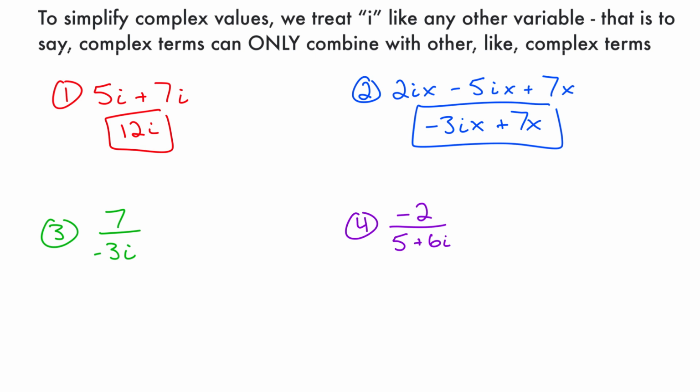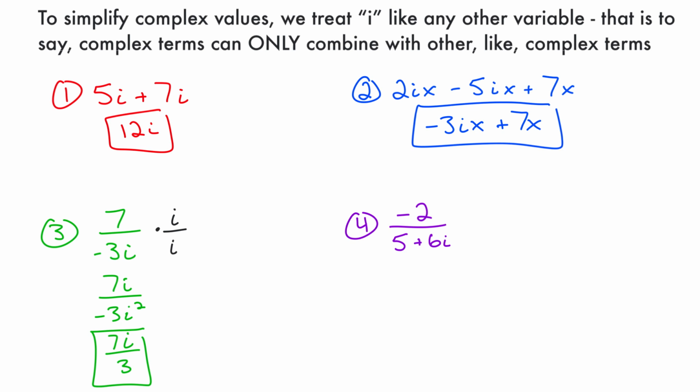So I need to get rid of that complex number in the denominator. I namely need to get rid of the i. The way we do that is by turning it into an i squared. I'm going to multiply top and bottom by i. That'll give me 7i over negative 3i squared. That is equal to 7i over 3, because i squared is negative 1.